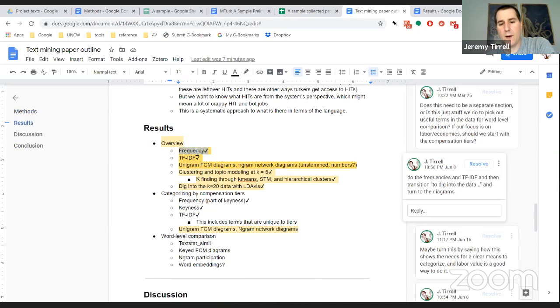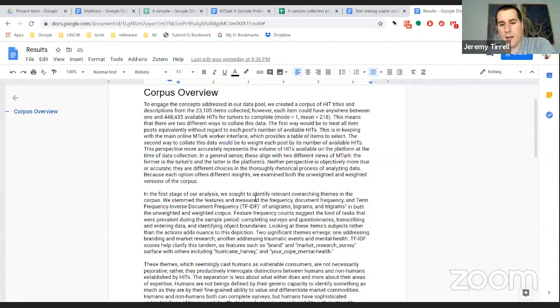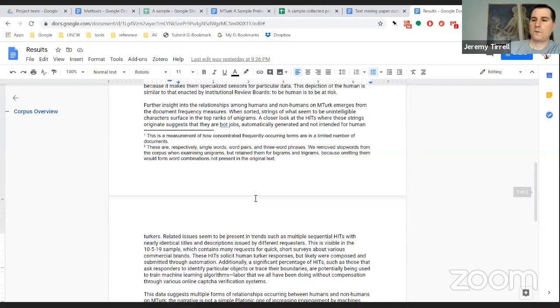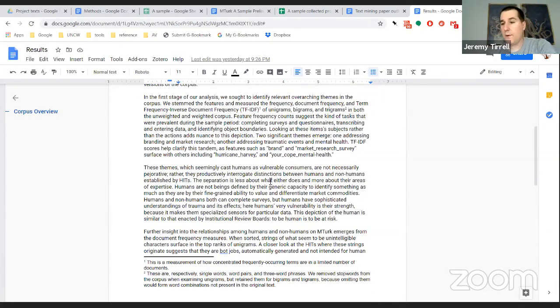We don't have to go into this too much, but it talks about what frequency and TF-IDF show us, and those are things like raw frequencies and TF-IDF surface things like the main tasks, the main hits that are at play in the corpus, right? And I'm writing up, it's not so much, as you mentioned, the verbs of task, right?